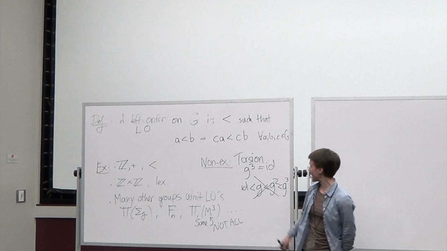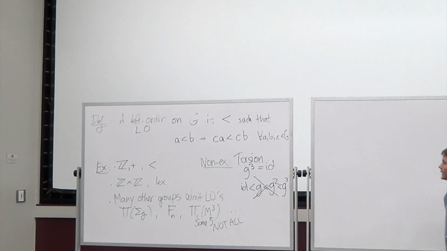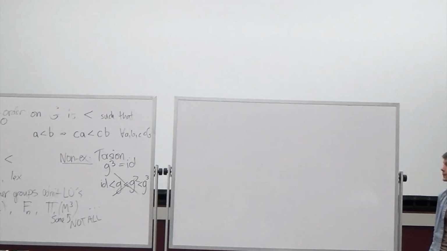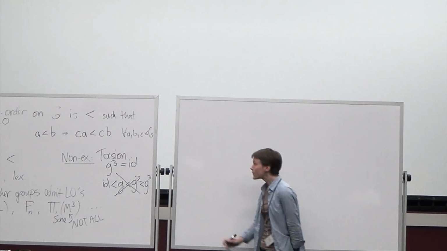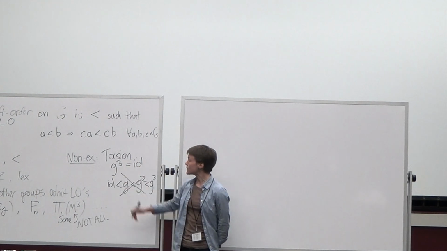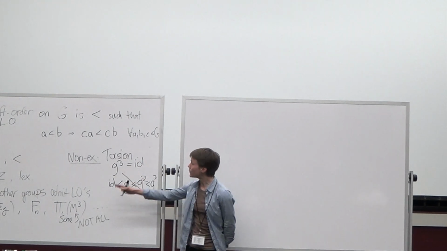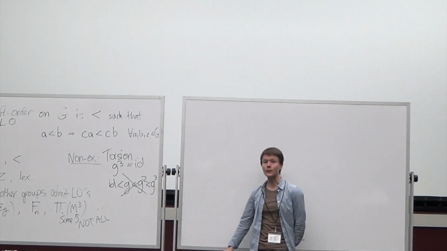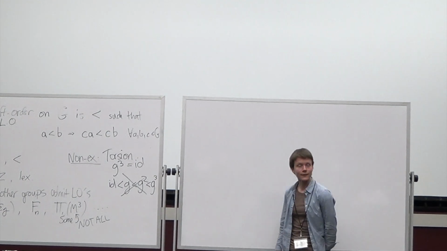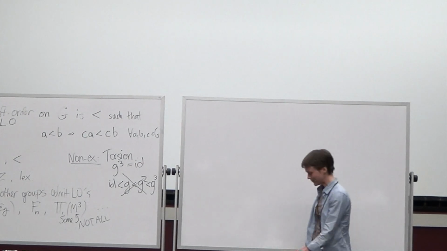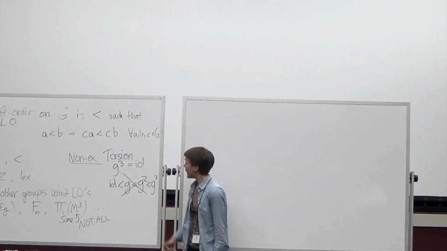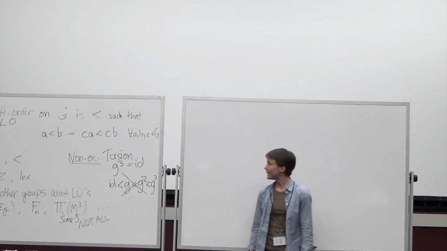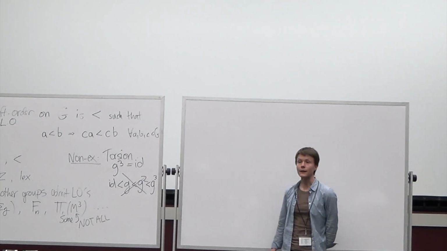So any group with torsion is not left orderable, but torsion is not the only obstruction. There are other easy to write down obstructions, but a complete theory of when a group is left orderable or not is not something we understand. If we did, we would have some good answers to some unsolved problems. I will say though, for a fixed group, if you give me a presentation, this is in one direction a computable problem.